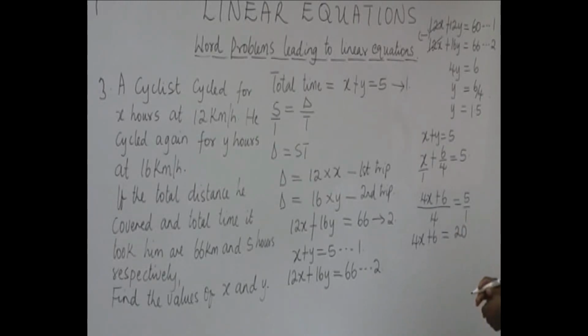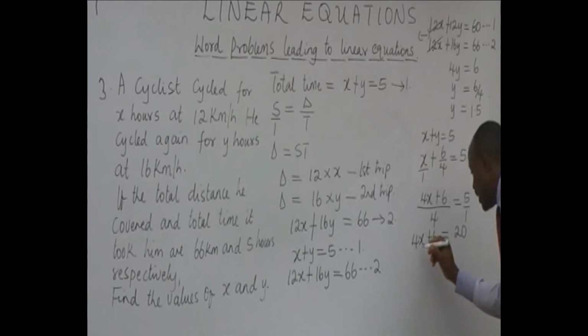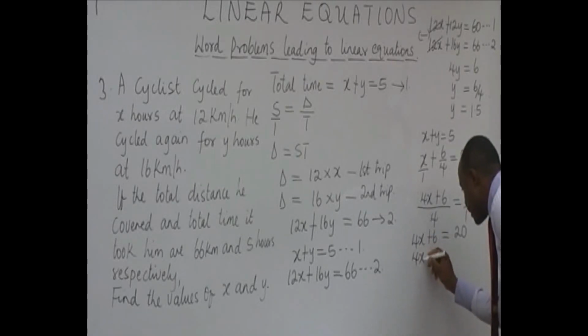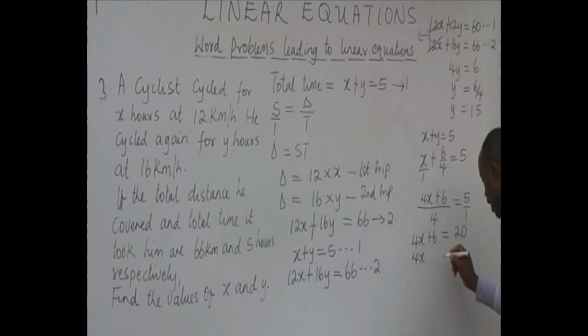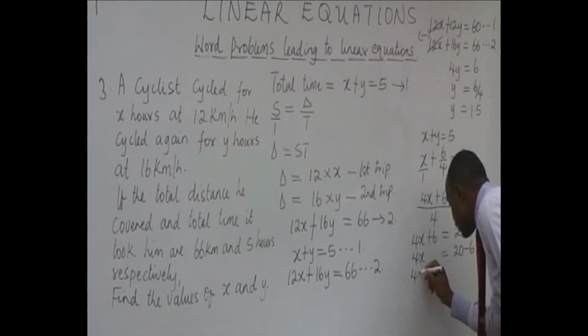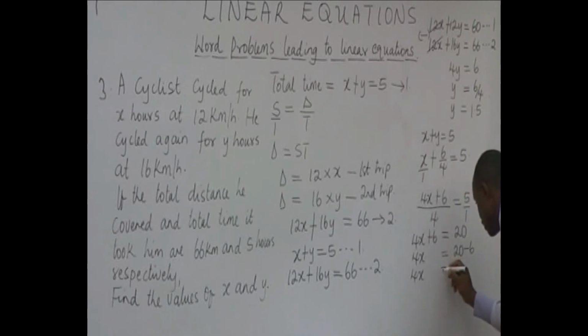Subtract 6 from both sides so as to eliminate 6 from the left-hand side. If you do so, you're going to have 4x only left on the left-hand side, and it's going to be equal to 20 minus 6. We're going to have that 4x is equal to 20 minus 6, which will give you 14.